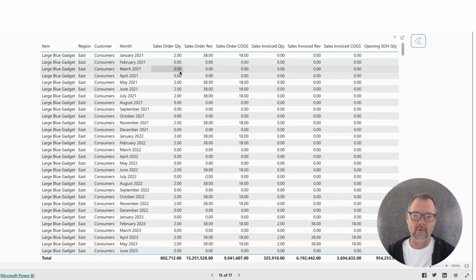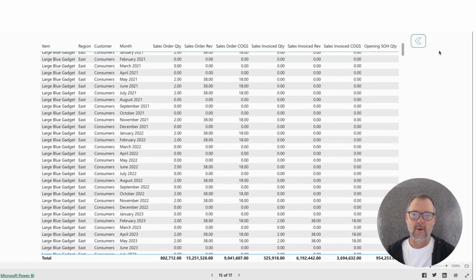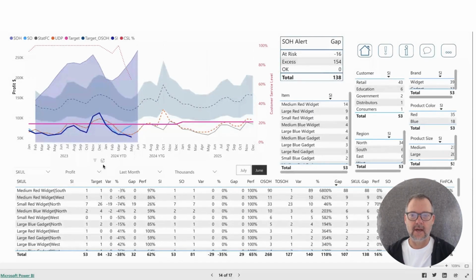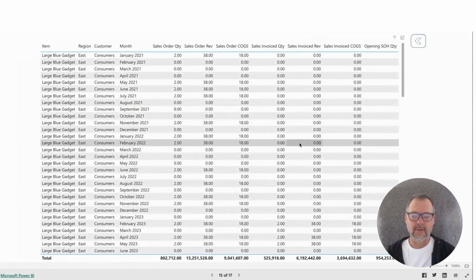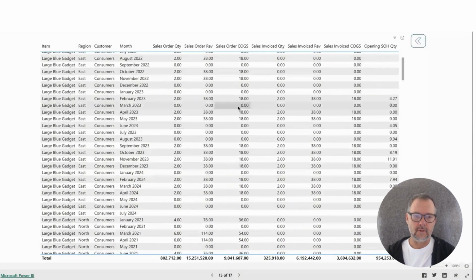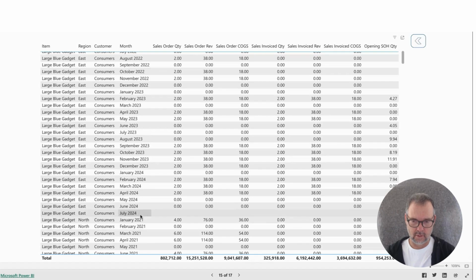We base our forecasts on 3 years worth of history. If we quickly go back to look at the chart, you can see that the chart starts in January or February 2023, and that's why the data really kicks in for January, February 2023 and stops in June, July of 2024.